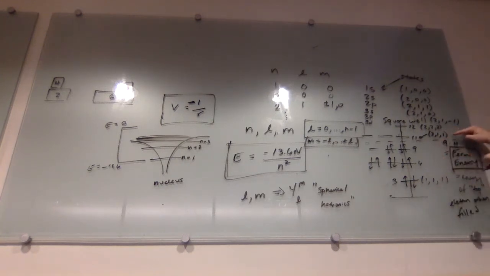For these, it has to be positive because of the way we figured it out: we got sine functions over the infinite well, and they had to be 0 at the endpoints, and we got an integer there. We just showed that if we only count the positive integers, we have all the states.